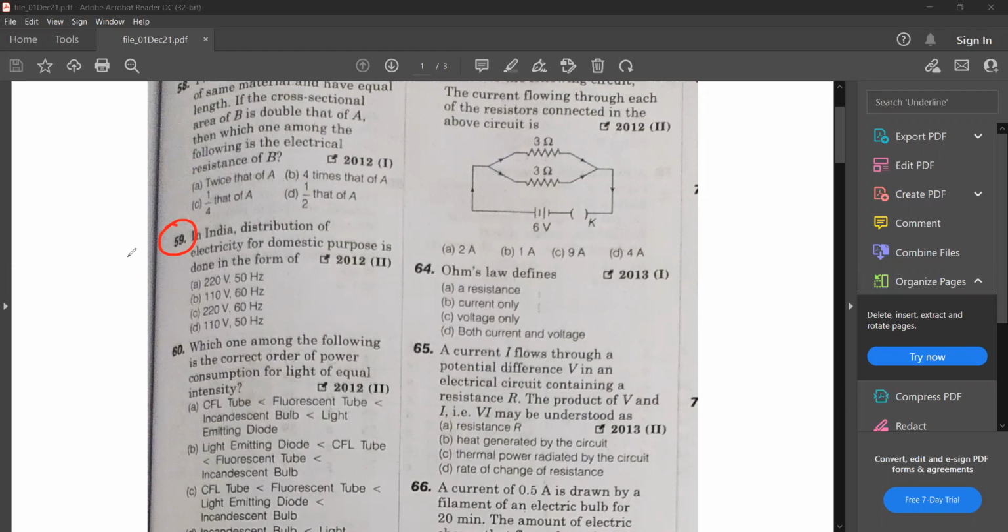Yes, correct. That is option A, 220 volt 50 hertz. That is the electricity for domestic purpose.